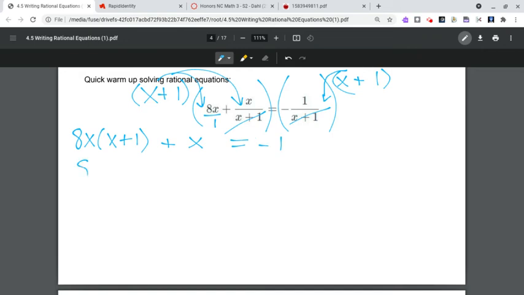Distribute and combine like terms. 8x squared plus 8x plus x equals negative 1. 8x squared plus 9x equals -1. Add 1 to the left and set it equal to 0.